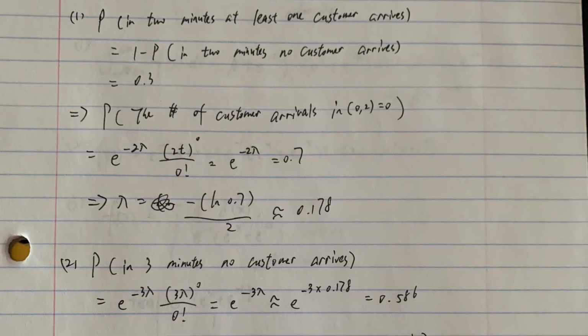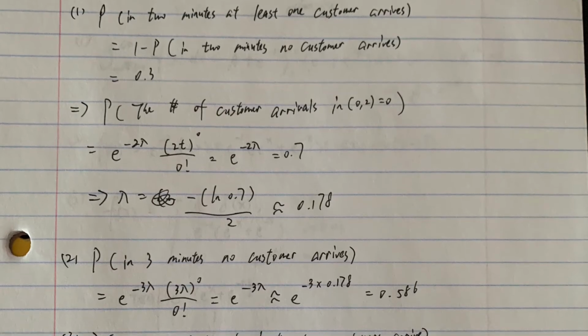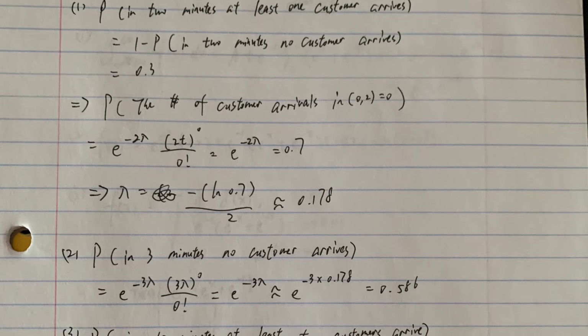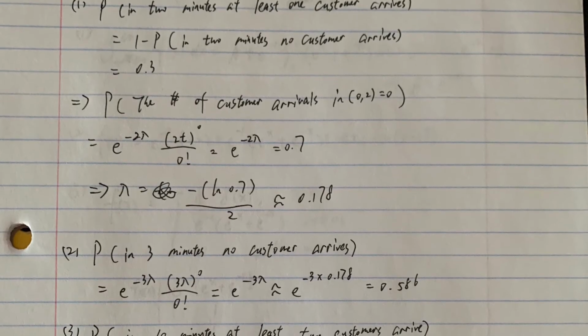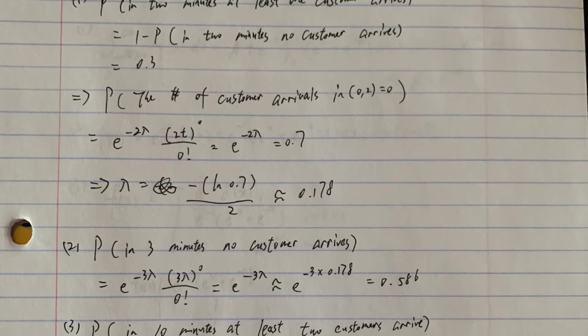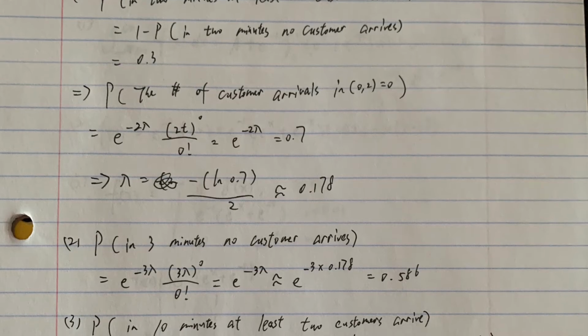So we get e to the power of minus 2 lambda equals 0.7. So we can get lambda equals minus ln 0.7 over 2. So the answer is 0.178.